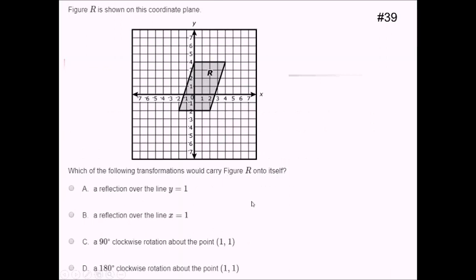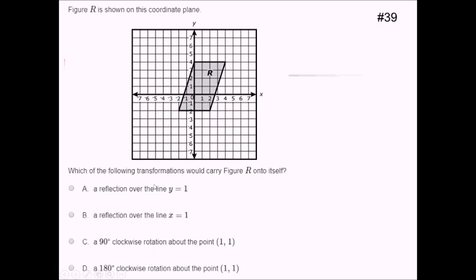For this problem, we want to know which transformation would carry figure R onto itself. So essentially, which of these would not actually change what R looked like? Okay, so reflection over the line y equals 1. Let's look at that. Well, if we flip it over the line y equals 1, then this point here is going to come down here, and that's going to make stuff look different.